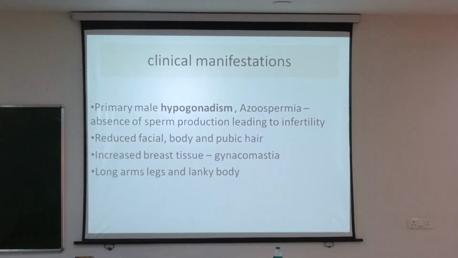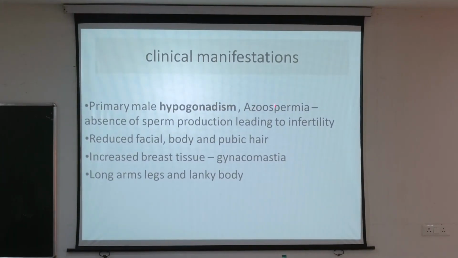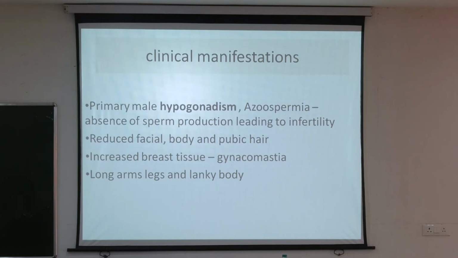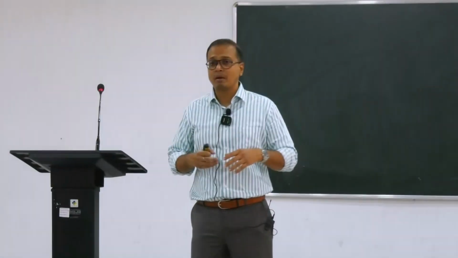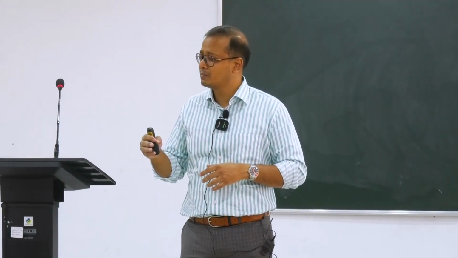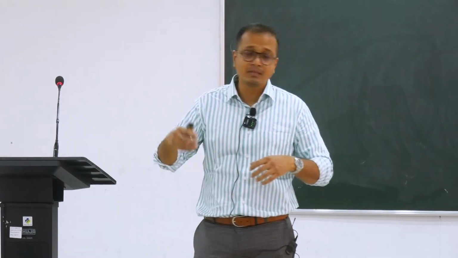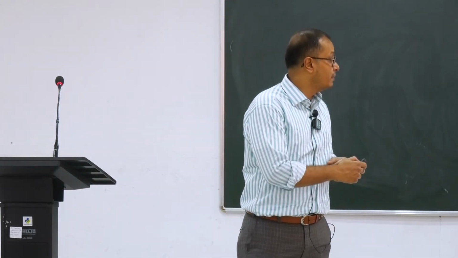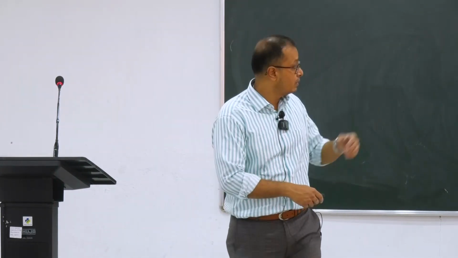Hypogonadism is another feature coming with this azoospermia. They have a characteristic facial and body hair pattern. Again, they have female secondary sexual characters growing in an individual who is male, with excess of the mammary gland, which we call gynecomastia. This excess production of estrogen brings about the formation of the mammary gland in these individuals.